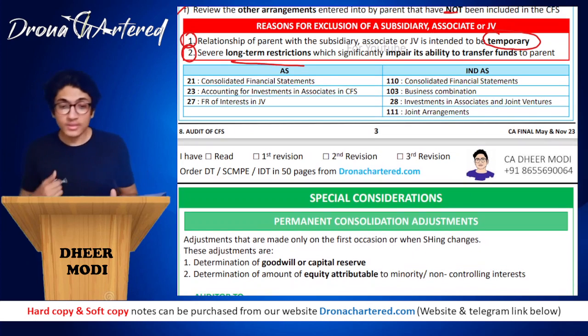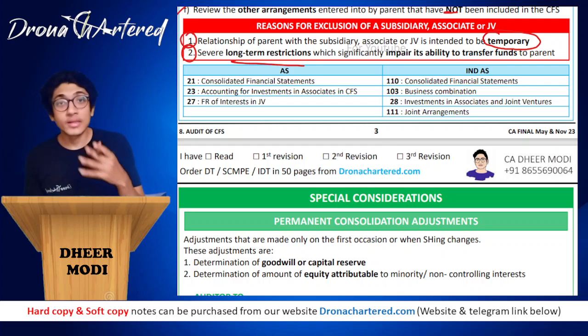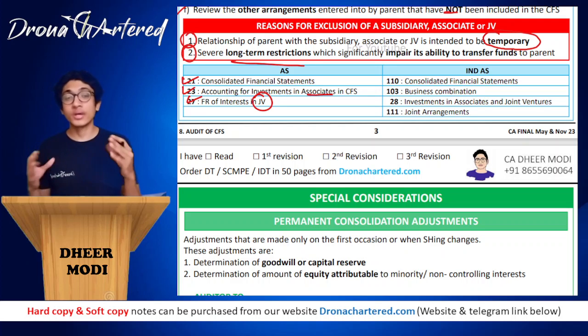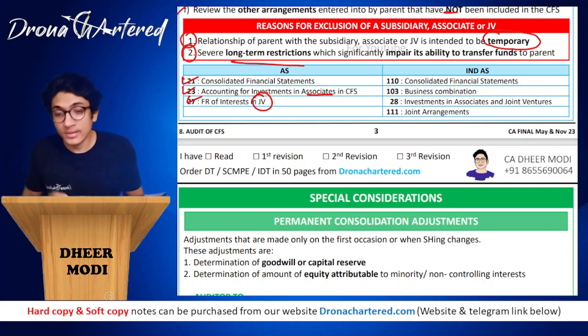Now, what AS and Ind AS are covered. AS 21 talks about consolidated financial statements, AS 23 talks about accounting for investment in associates, and AS 27 talks about financial reporting of interests in joint ventures. So in AS, these are your three standards included: 21, 23, and 27.